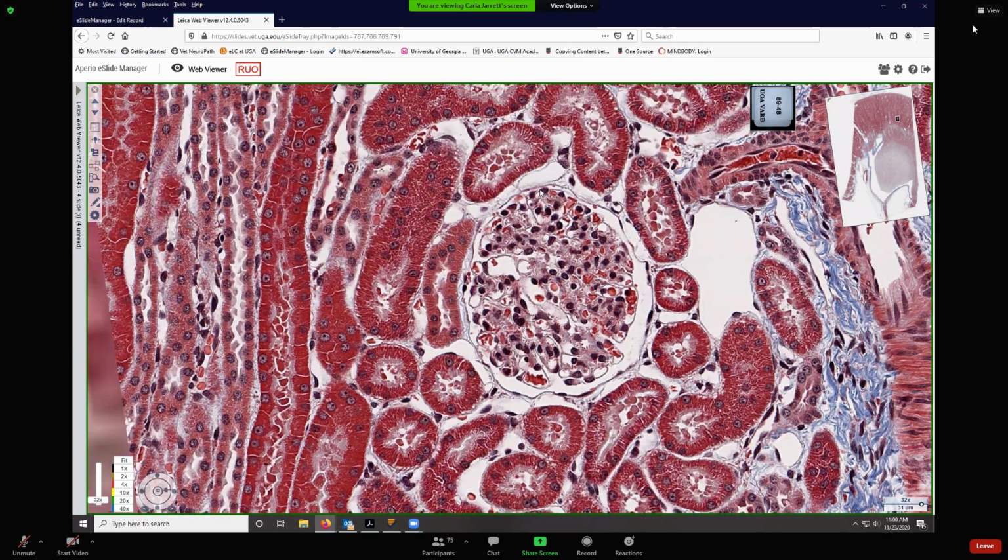So the renal corpuscle has a capsule that surrounds the glomerular tuft. And remember, the glomerulus kind of invaginated or pushed its way into the blind pouch, the blind ending of that tubular system, the nephron that was forming in the embryo.